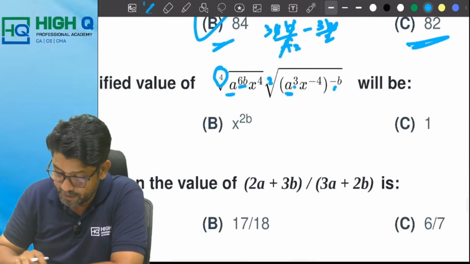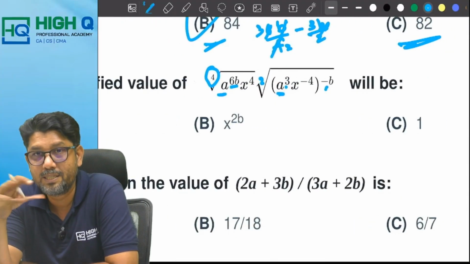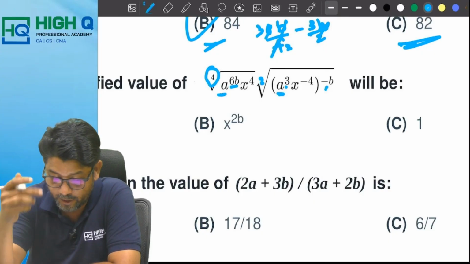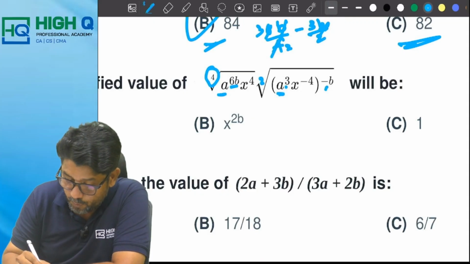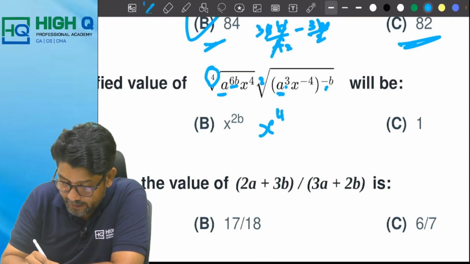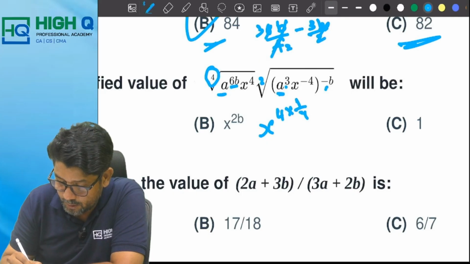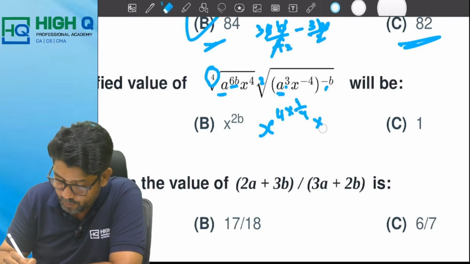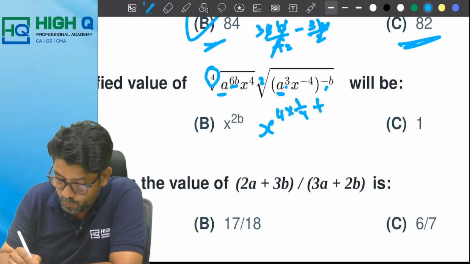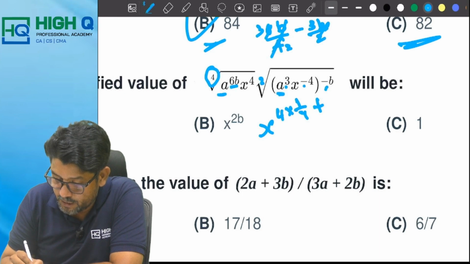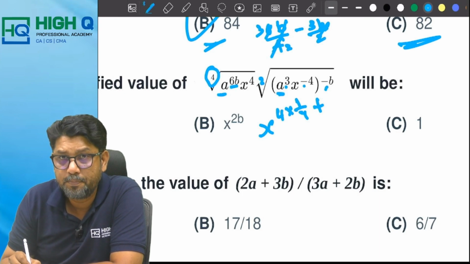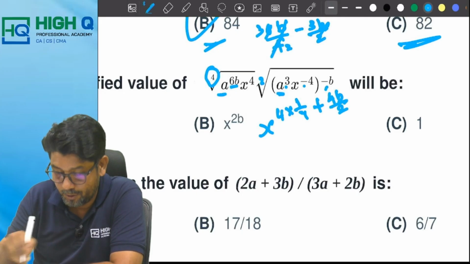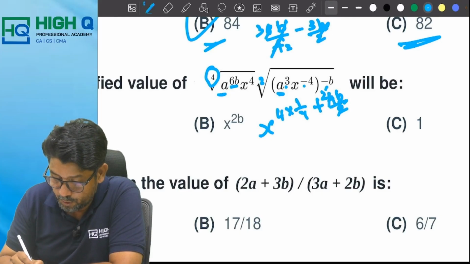So my answer is either a, b or c. Definitely d will not come, because d contains a. Here a is getting cancelled. Now let us play with power of a. X power 4, and there is 1 by 4 into 1 by 4, plus power of x minus 4 into minus b, which is 4b. 4b divided by 2, because this is square root, that power also will come 2.